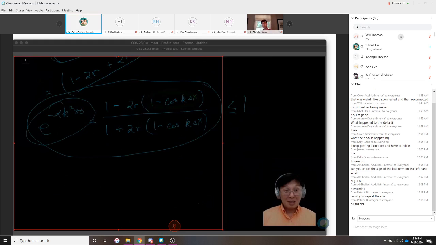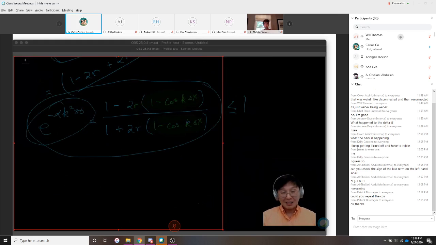That cannot exceed 1. This thing is always a positive number, so this thing is between 0 and 2. This one here is also between 0 and 2. So this can never go negative.